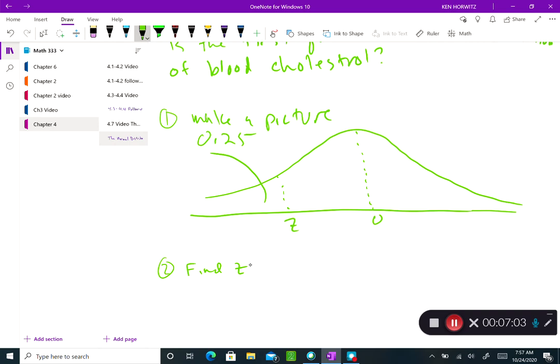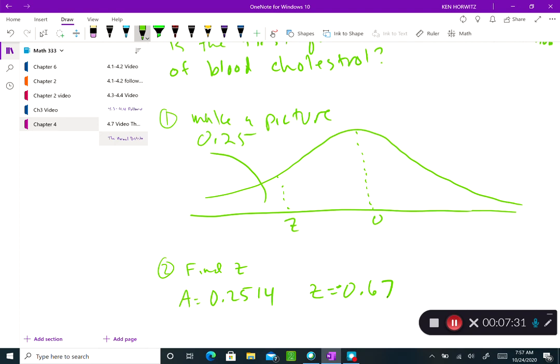So I'm going to try to find the area closest to 0.25. I found an area equaling 0.2514, which is pretty close, and the corresponding z equals negative 0.67.